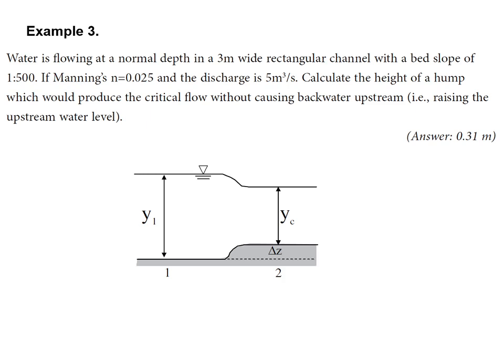Okay, this is the third example in which water is flowing at a normal depth in a 3-meter wide rectangular channel with a bed slope of 1 to 500. If Manning's n equals 0.025 and the discharge is 5 cubic meters per second, calculate the height of a hump which would produce critical flow without causing backwater upstream.